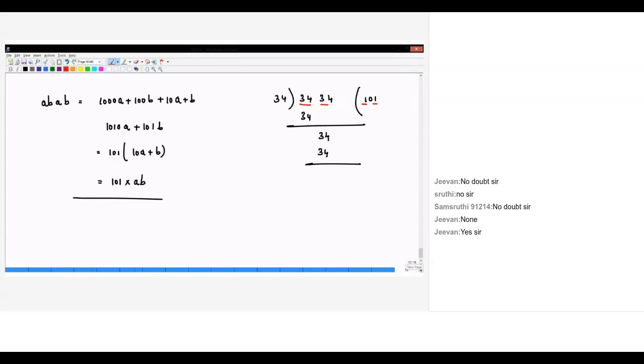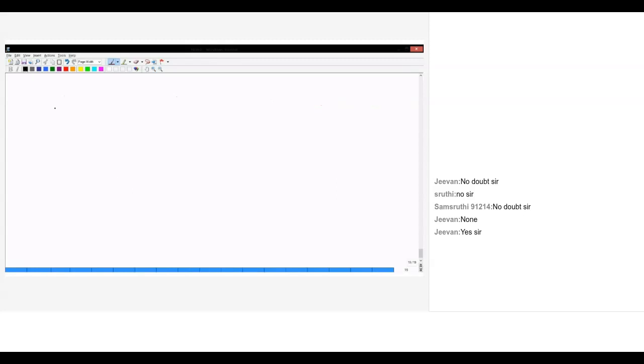So whenever a number is given like AB, AB, you write it as AB into 0, 1, 0, 1, right?